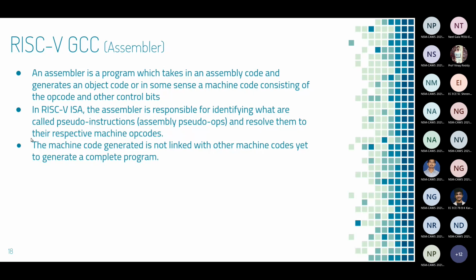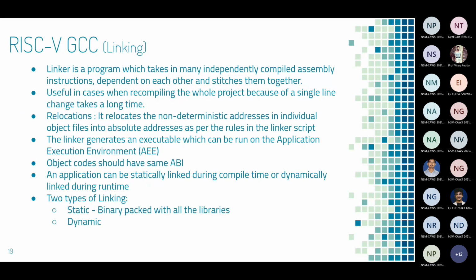So whatever the output of the assembler is, the machine code generated is not linked with any other codes which have been compiled. So you cannot take the output of the assembler and directly run it on the system. Yeah. So then comes the final phase, which is linking.